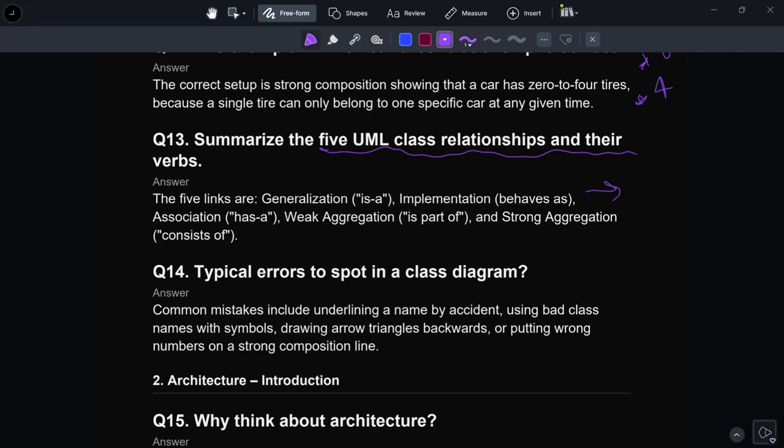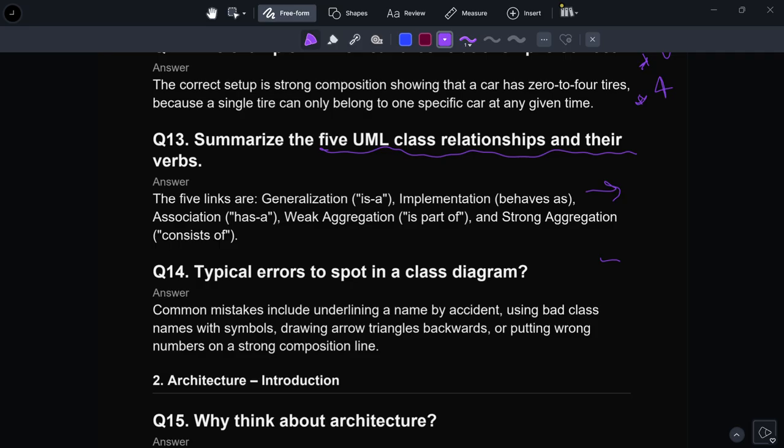Then weak aggregation: is part of, loose. It is a solid line with a hollow diamond, an unfilled diamond. A cash vault is part of an ATM kiosk but can be removed. It's weak aggregation.